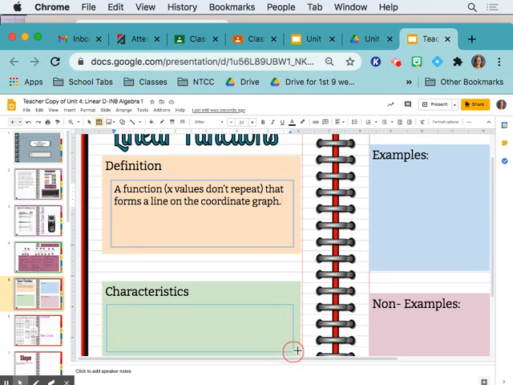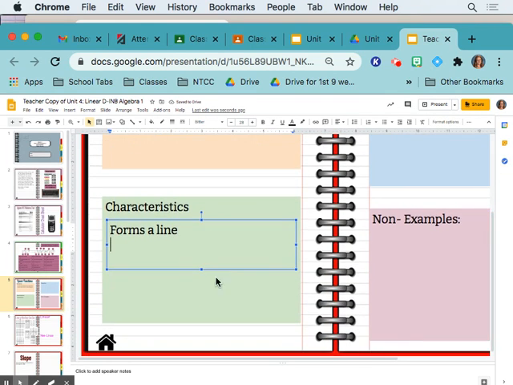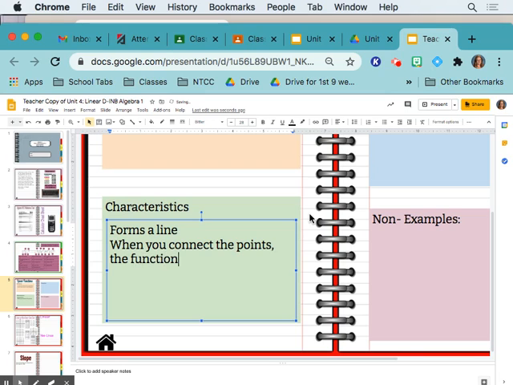Okay, let's talk about the characteristics. So we already know one, right? It makes a line. So forms a line. So we need a few more characteristics. When you connect the points, the function is continuous and straight.